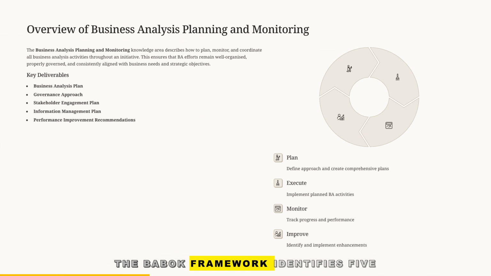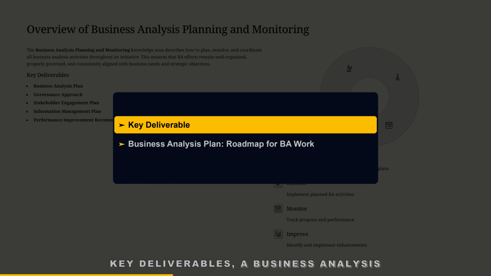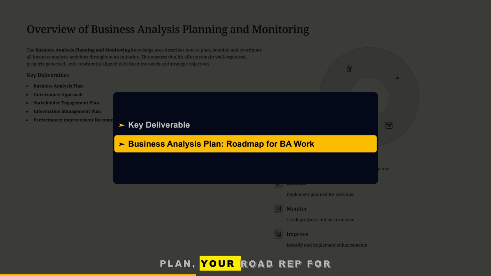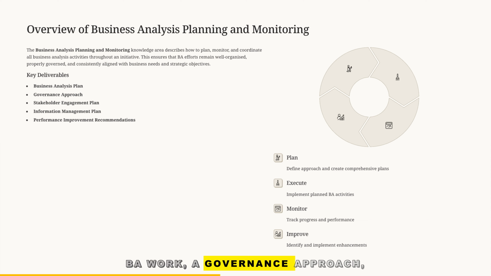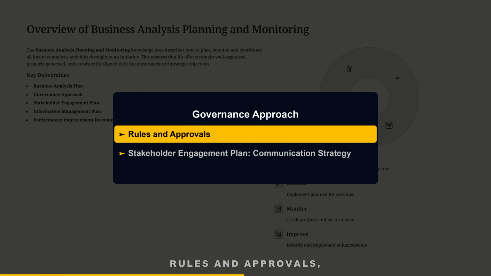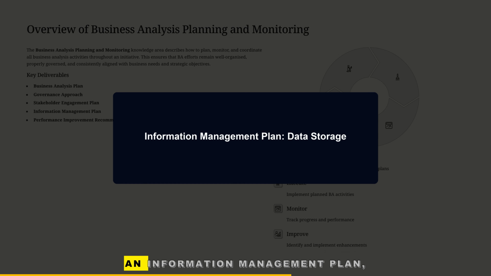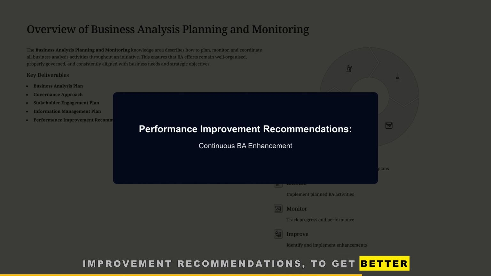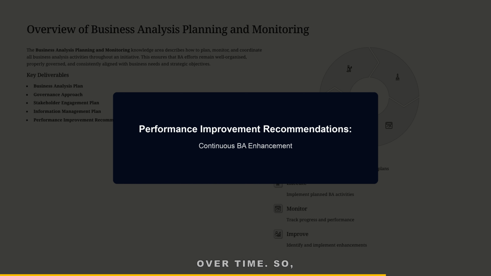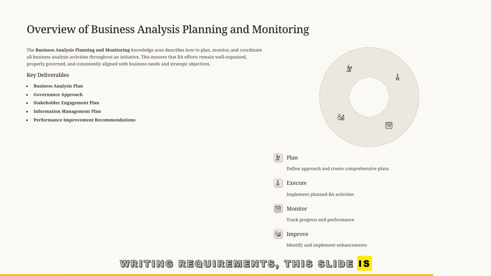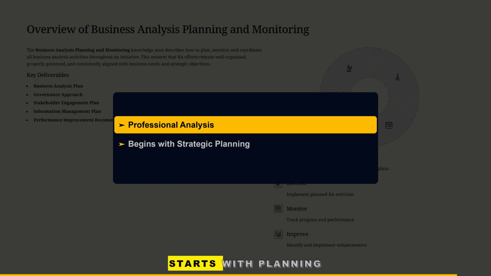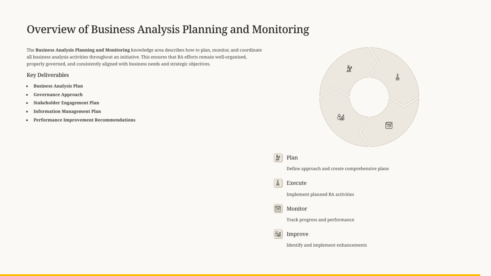The BABOK framework identifies 5 key deliverables: a business analysis plan, your roadmap for BA work; a governance approach, rules and approvals; a stakeholder engagement plan, your communication strategy; an information management plan, where and how information is stored; and performance improvement recommendations, to get better over time. So, when people think analysis is just about writing requirements, this slide is your reminder that professional analysis starts with planning how to do it right.